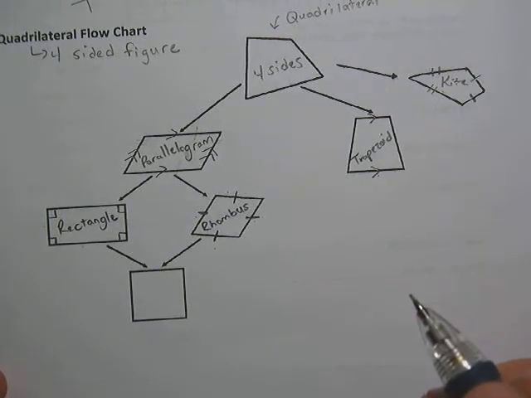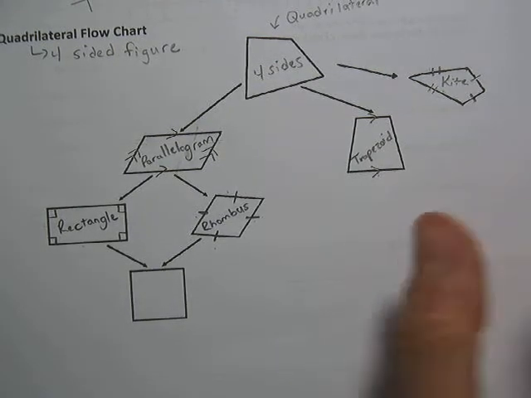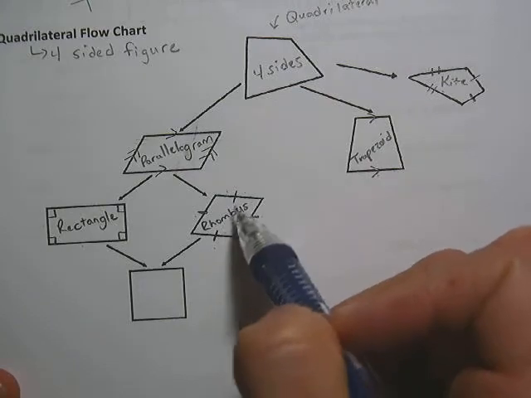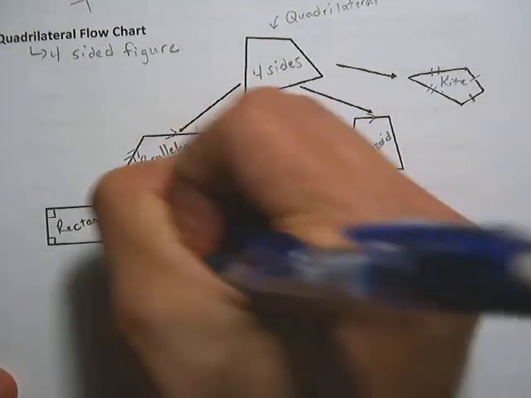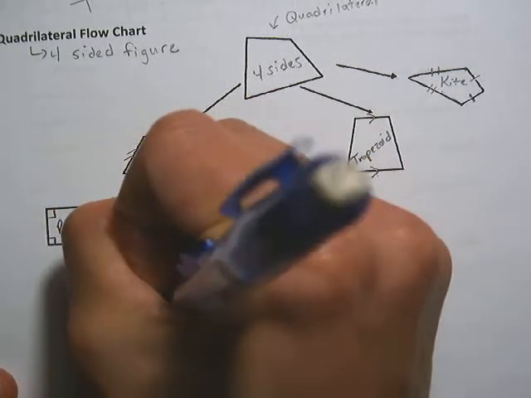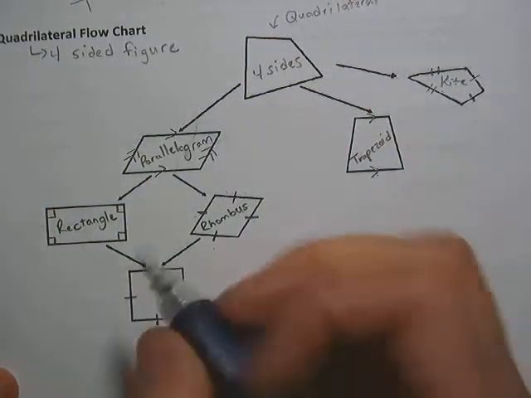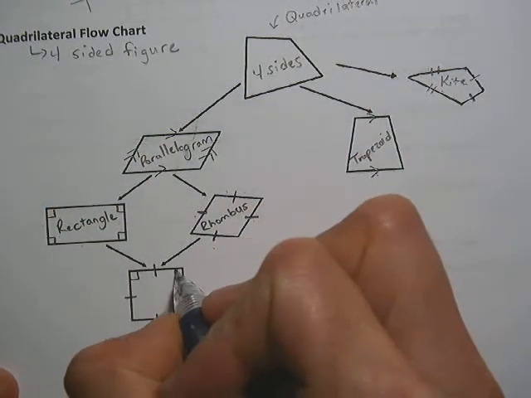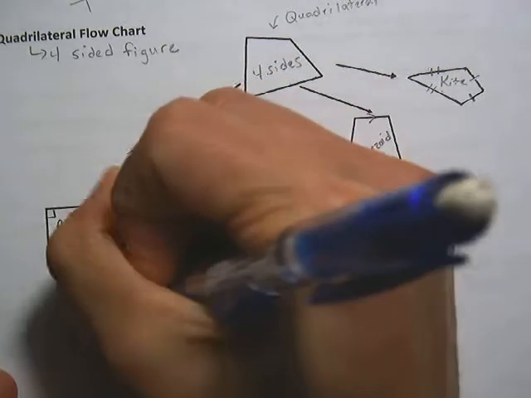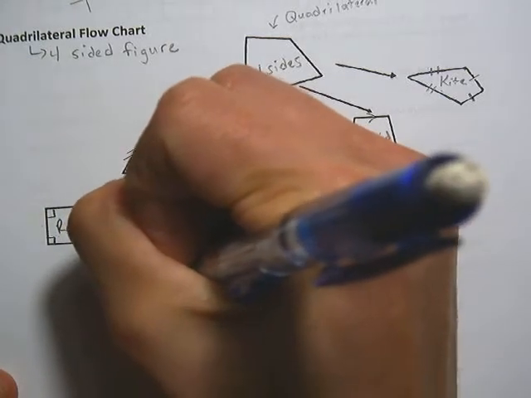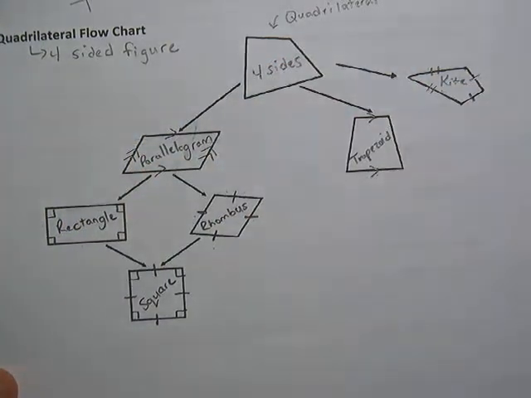Now, the last one, and it's the one that everybody kind of knows about, is, what happens if you look at a figure and it has all the sides equal? So we combine these two things, but on top of that, it also has all right angles. Well, that is what you call a square. Okay, which is the most specific type of quadrilateral there is.